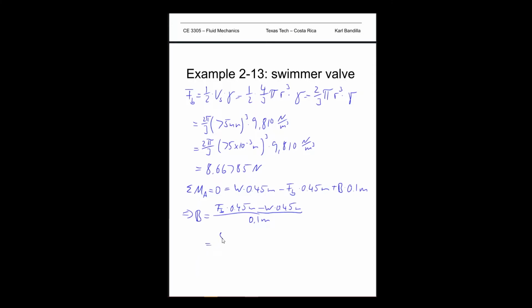FB is 8.66785 newtons times 0.45 meters, and the weight was 1.4715 newtons, also times 0.45 meters, all divided by 0.1 meters.